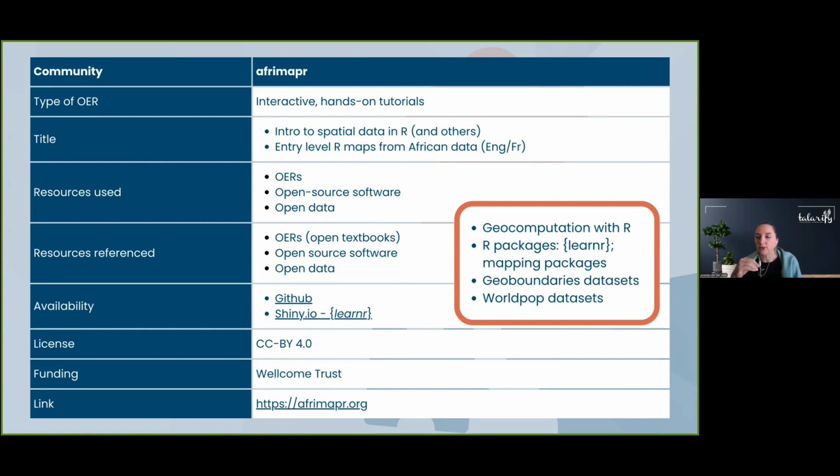So we worked with colleagues from the GeoBoundaries team and also from Walt to make that data from Africa more accessible in packages that we created. But the bigger project wasn't only about that, we also created training materials.